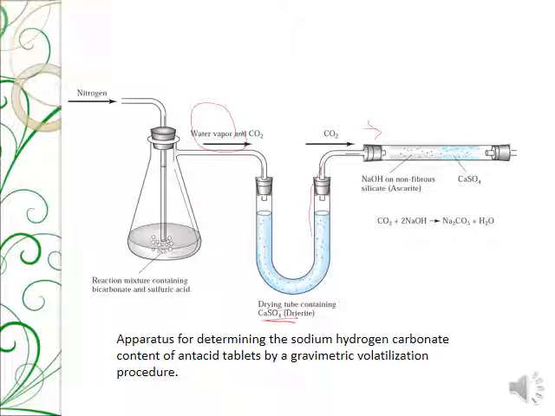The reaction between carbon dioxide and sodium hydroxide will produce sodium carbonate and water. So that is an example of a setup for the gravimetric volatilization procedure. It measures in terms of the volatile species, for example here, carbon dioxide.